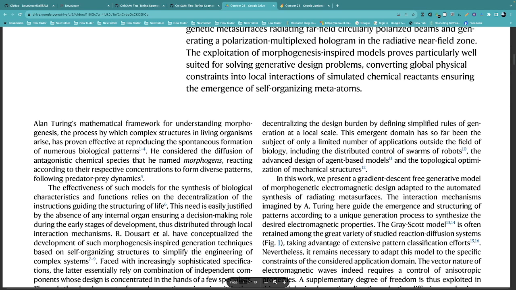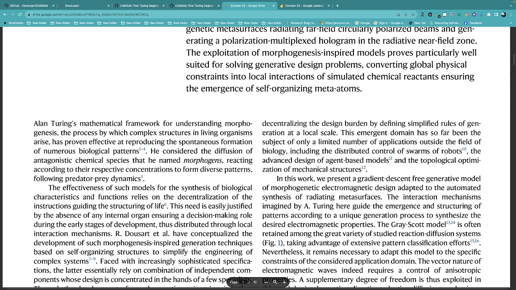It's been proven effective at reproducing the spontaneous formation of numerous biological patterns. So we know from previous meetings that there are these Turing patterns that come out of a random assortment of molecules, and they're exposed to these morphogens, these antagonistic chemical species that react and form gradients, and those gradients serve to organize the array in different ways.